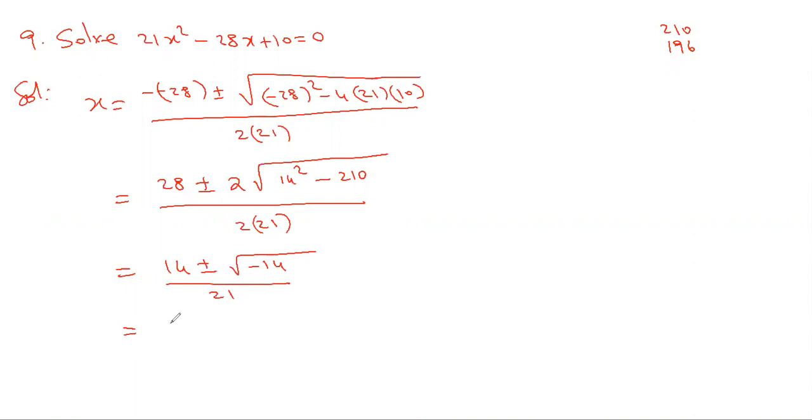So the 14 by 21 is 2 by 3 plus minus root 14 by 21i. If you want, you can simplify this also. 2 by 3 plus minus 7 goes in this. So root 7 goes in this. We remain with root 2 by 7 actually.